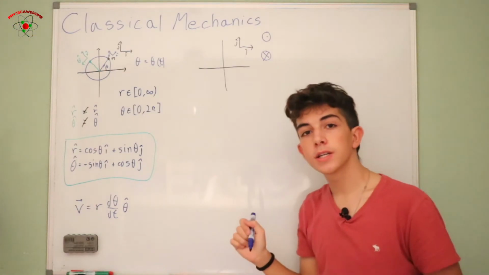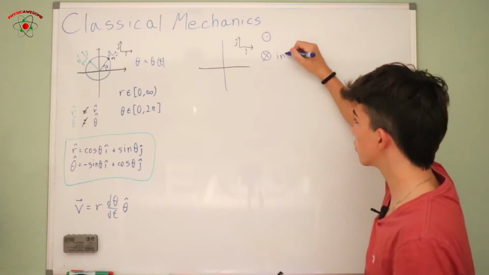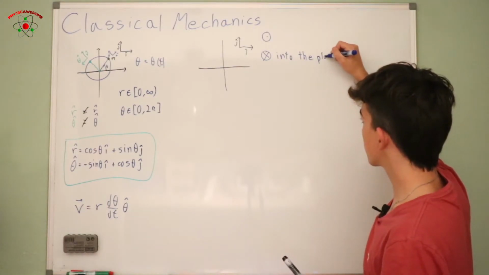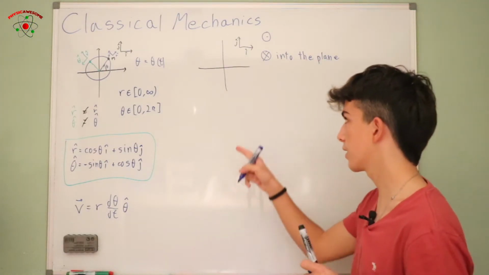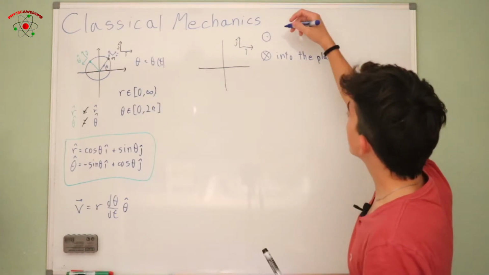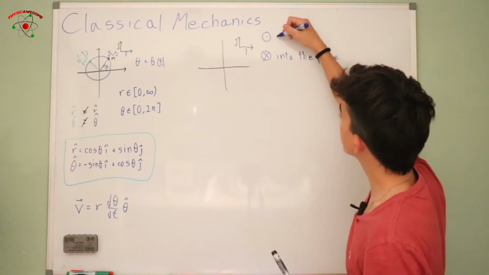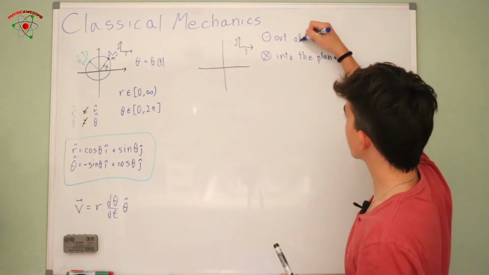This one is going to mean that there's a vector pointing into the plane. So into the whiteboard in this case, right in that direction. And if we have this type of notation, this will mean that there's a vector out of the plane.